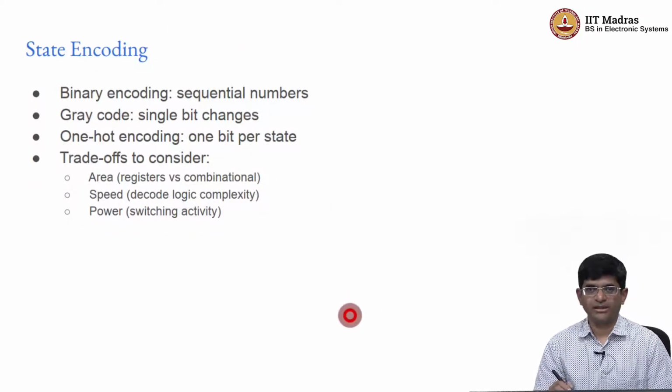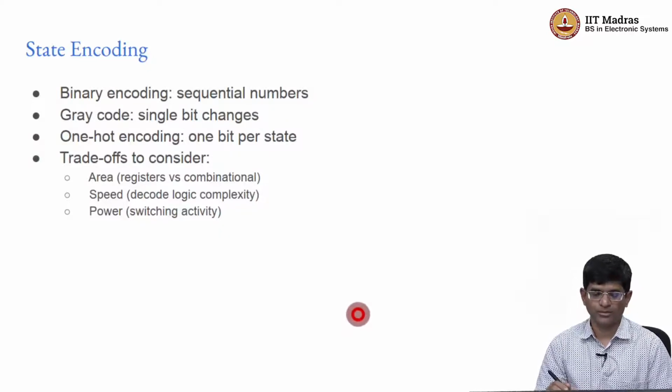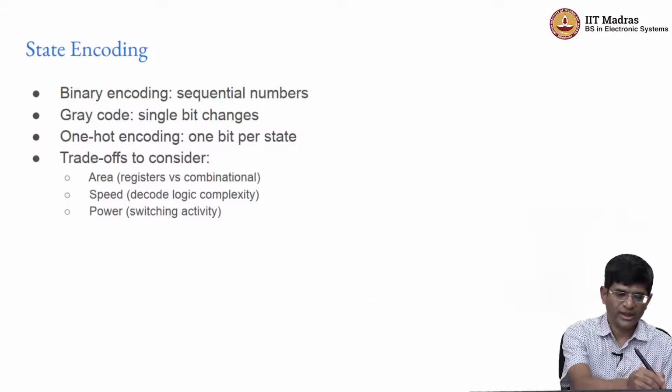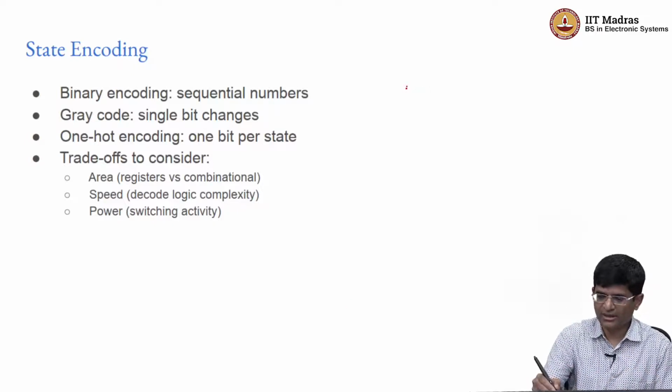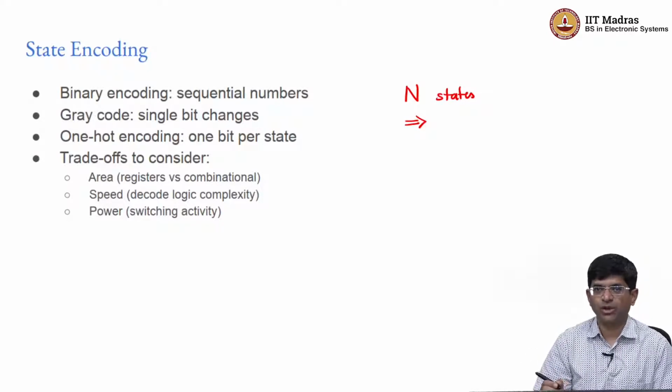Now, one other factor is how the states in a finite state machine can be encoded. The simple way of looking at it: if I had, let us say, n states, what is the minimum number of flip-flops that I would need to encode those n states?